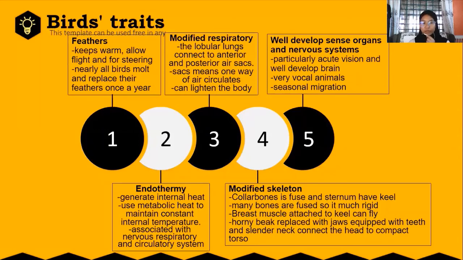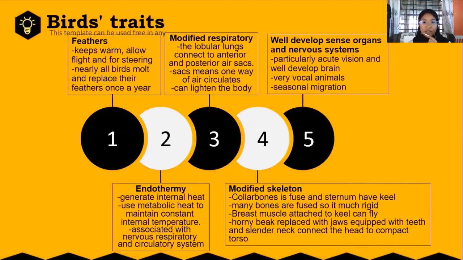Second is endothermy. Unlike other reptiles, birds can generate their own internal heat and use metabolic heat to maintain a constant internal temperature. They are also associated with nervous, respiratory, and circulatory systems. That is, they have modified respiratory systems.